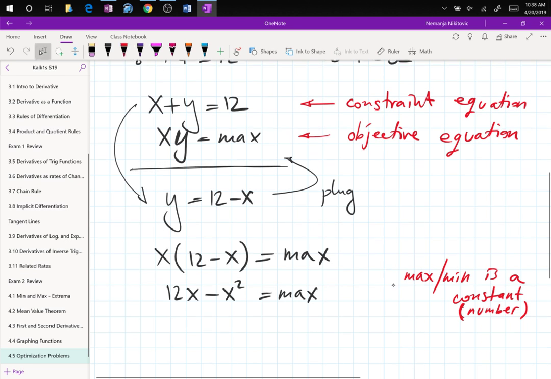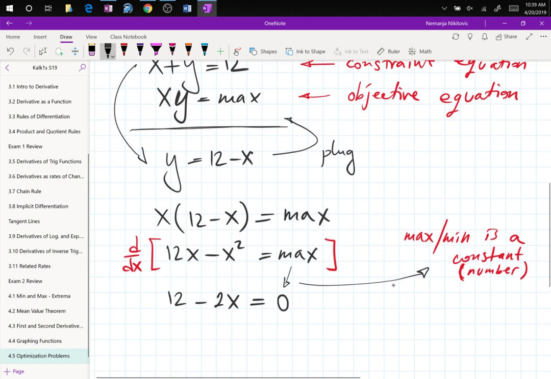So now, when I differentiate with respect to x, we are actually looking for the maximum. That's how we're going to find the x value at which the maximum occurs. Now, what happens when I differentiate this? Max becomes 0 because of that.